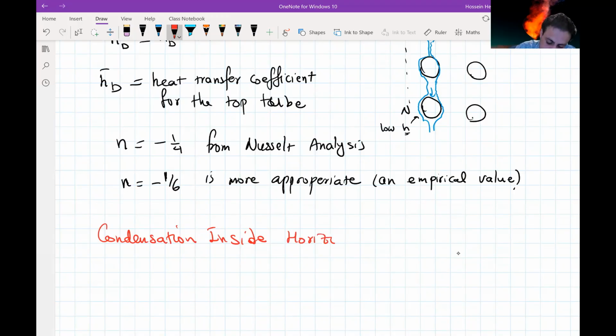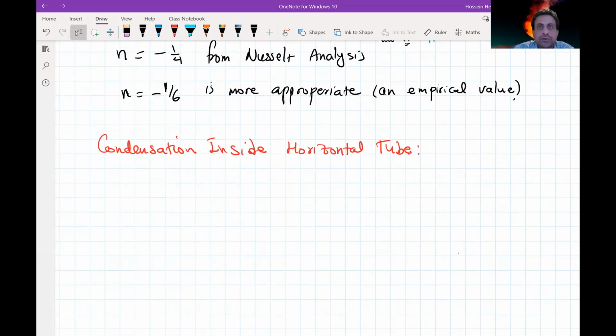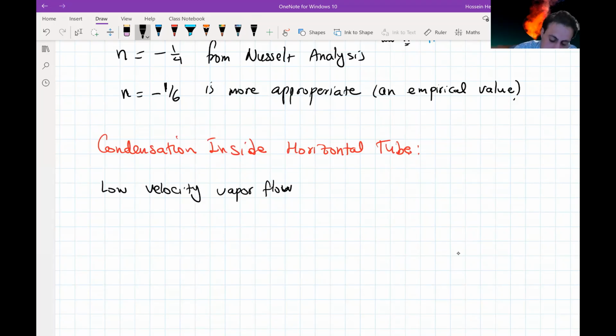The last topic here is condensation inside horizontal tubes. If we have flow of vapor that is getting condensed inside the tube, for low velocity vapor flow, we decide that when the Reynolds number for the vapor at the inlet, evaluated based on rho_v times u_m,v, the average velocity for the vapor coming at the inlet, times diameter of the pipe, divided by mu_v, is less than 35,000.